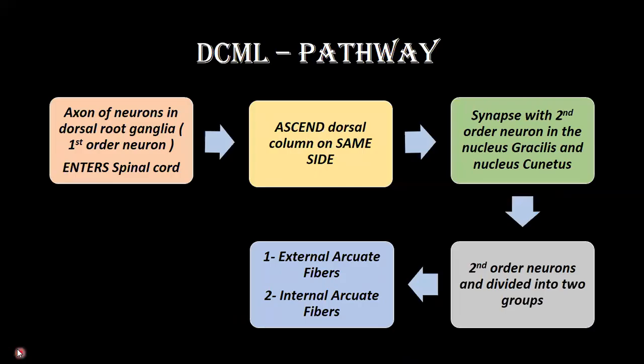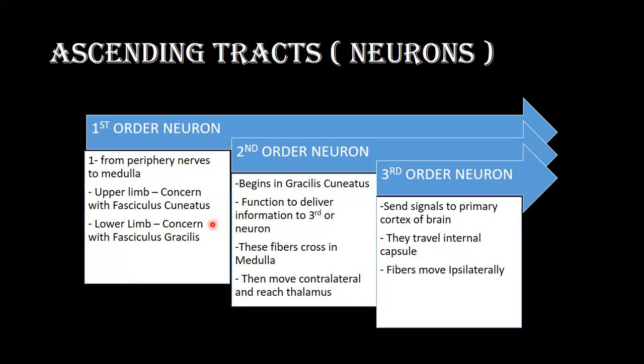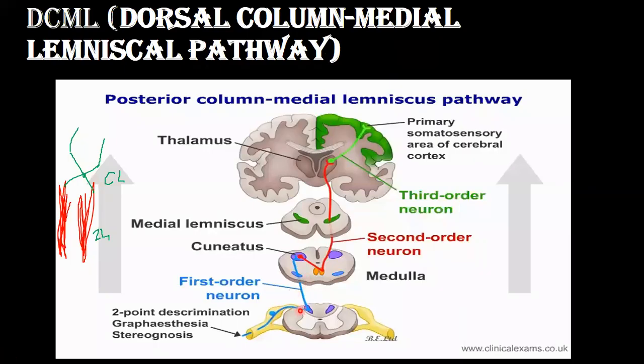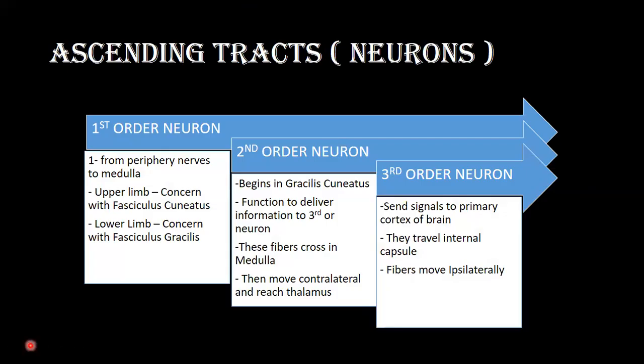When we talk about the order of neurons, the first order neuron takes information from the periphery to the medulla. Second point, in this we have two types of sensation: signals from the upper extremity and sensation from the lower extremity.